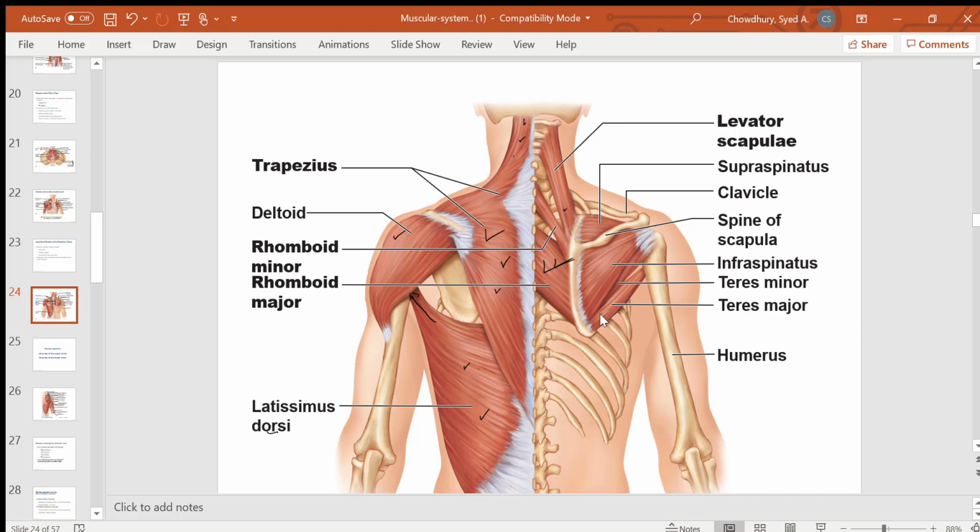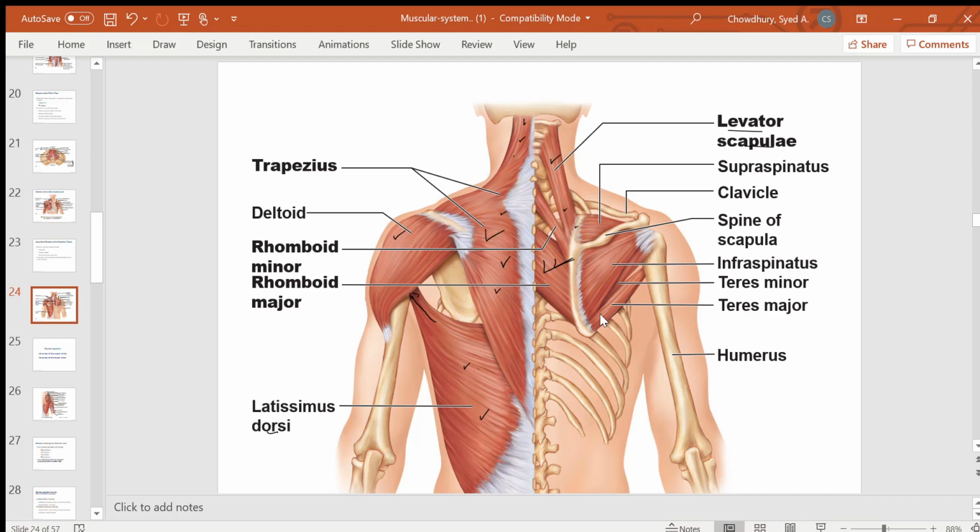And now if you remove the trapezius, you will see the muscles under the trapezius. This one coming from above and getting attached to the scapula, shoulder blade, is called levator scapulae. Makes sense?